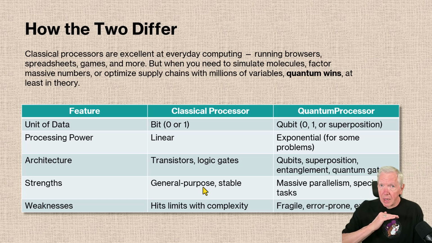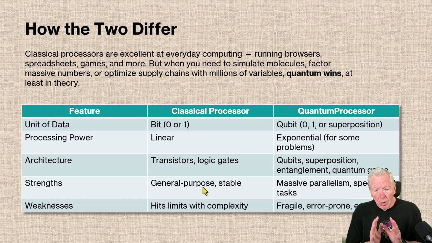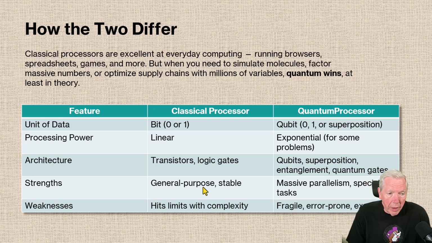Once you begin to exceed that 100 qubit limit and you move up, now you're in the area where only quantum processing can solve certain problems. And so now we're seeing 133 qubit processors, 156 qubit processors. So the companies that manufacture these things keep growing.